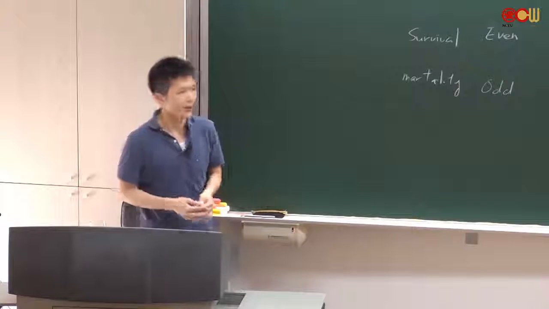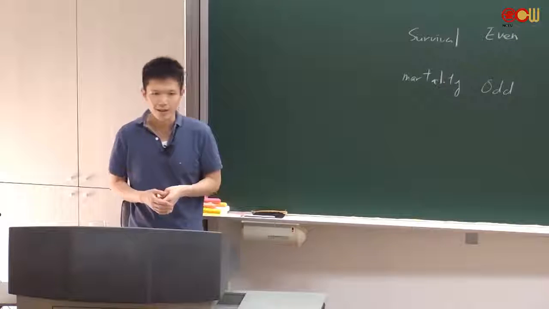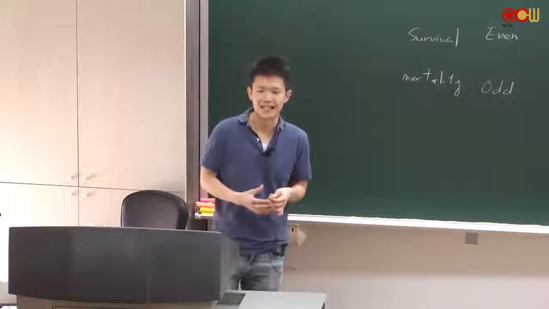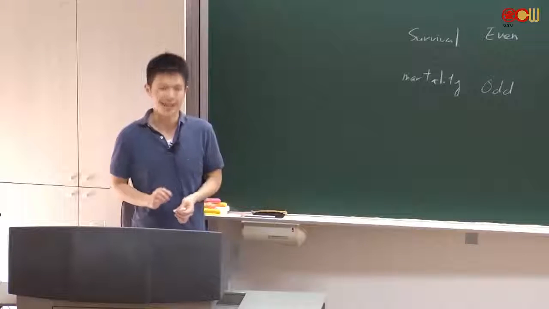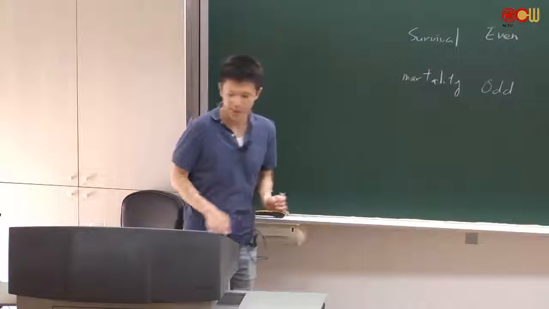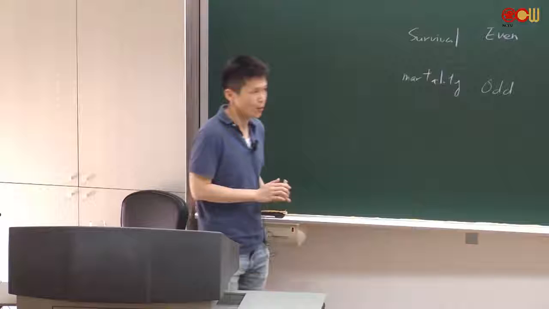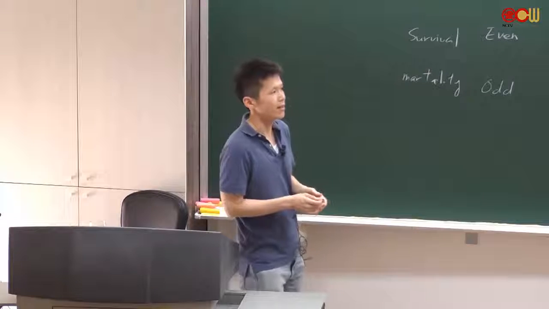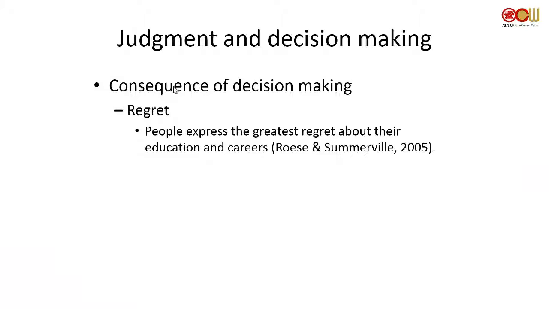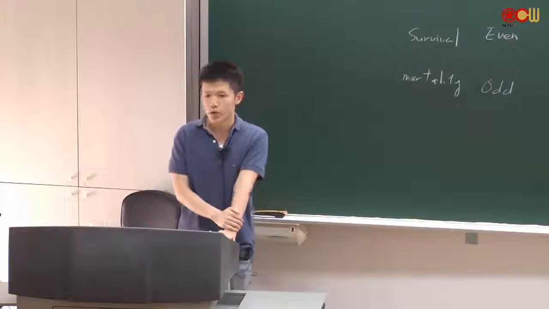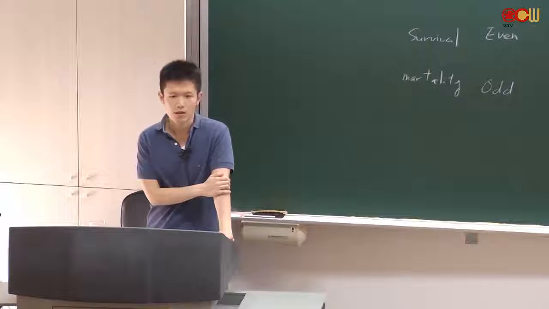The next topic is the consequence of decision making. After you have made a decision, chances are you will regret. So let's talk about regret. There is a tendency that people regret their education and careers. There are a lot of decisions we make in our life, like how you choose your friends, your career, your partner.